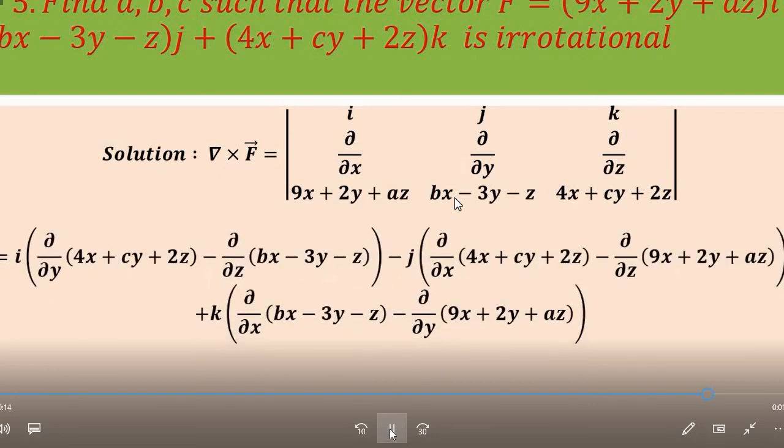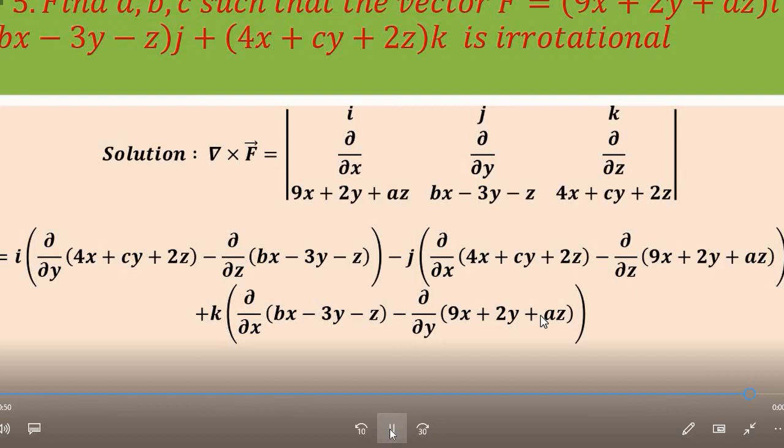See, when you evaluate this determinant, we get i into (dou by dou y of 4x plus cy plus 2z minus dou by dou z of bx minus 3y minus z), minus j of (dou by dou x of 4x plus cy plus 2z minus dou by dou z of 9x plus 2y plus az), and k of (dou by dou x of bx minus 3y minus z minus dou by dou y of 9x plus 2y plus az).